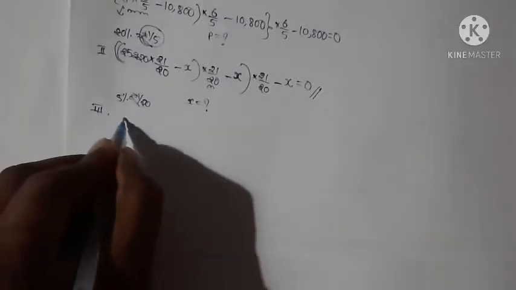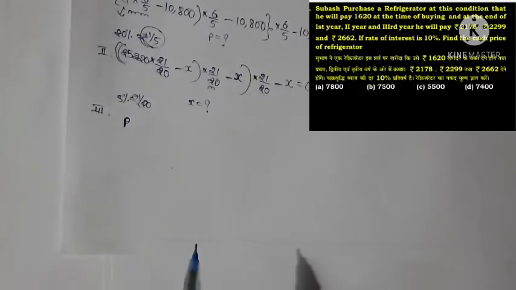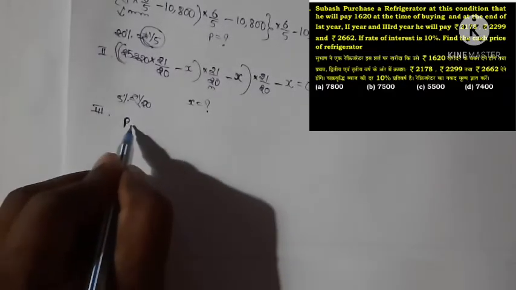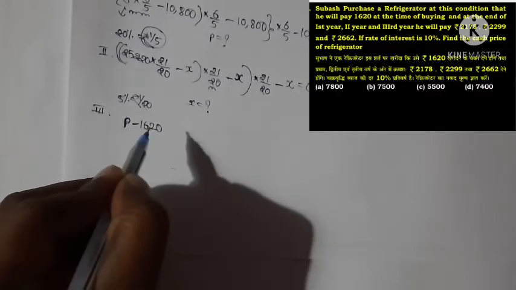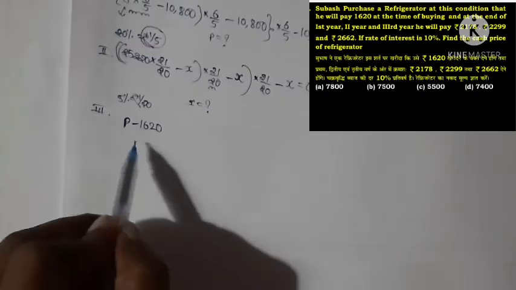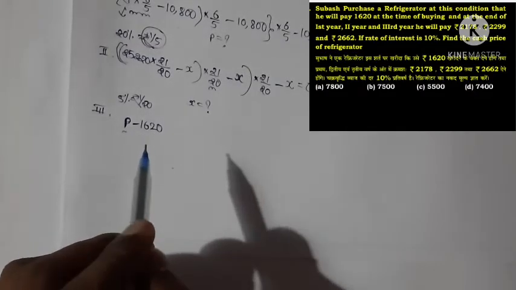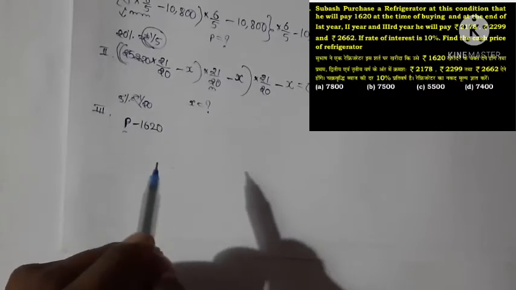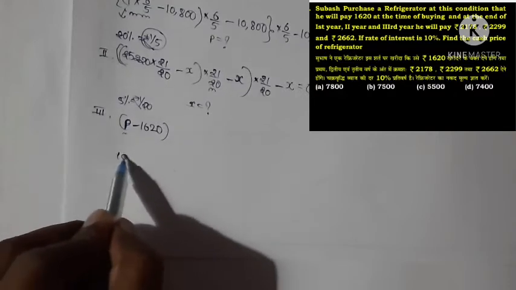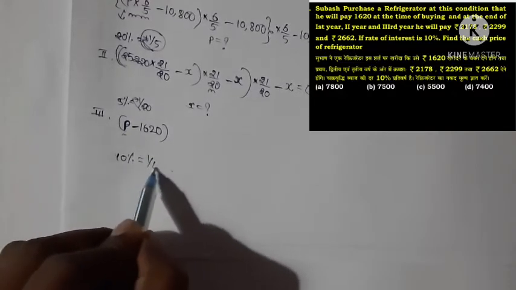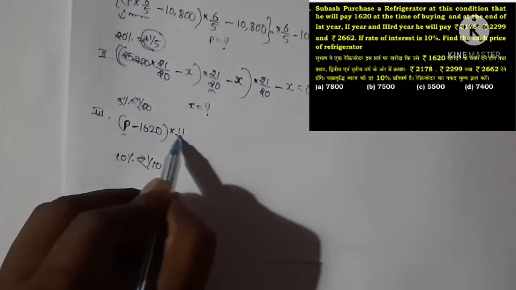So take the cash price as P. At the time of buying he will pay 1620. So the remaining amount is P minus 1620. After this the rate is 10%. So 10% is equal to 1 by 10. That means the value is increased by 1, so 11 by 10.